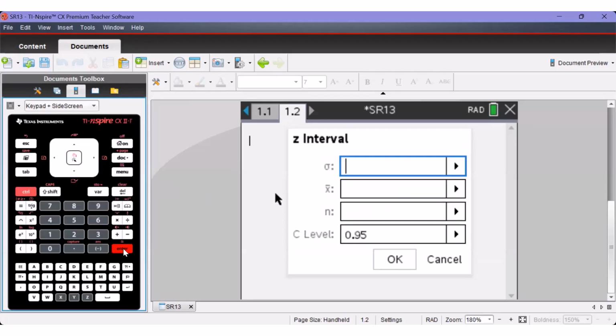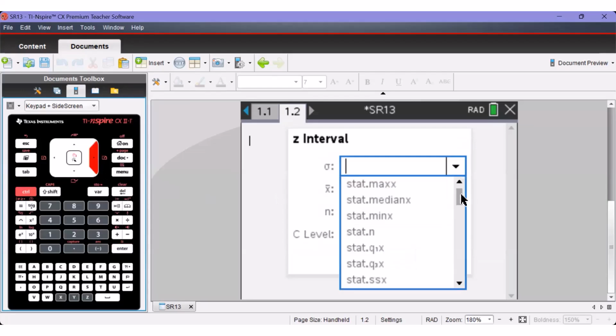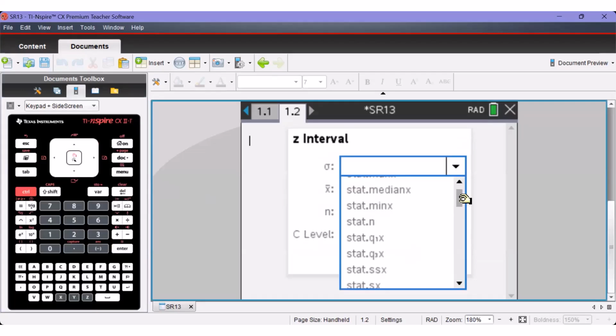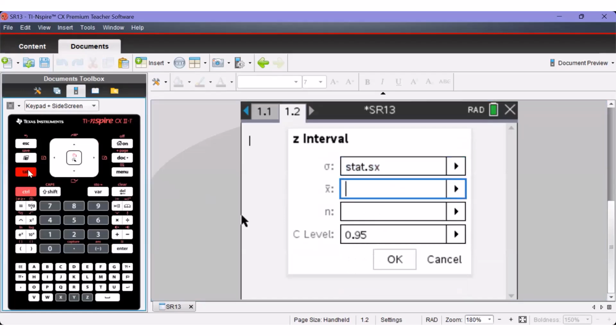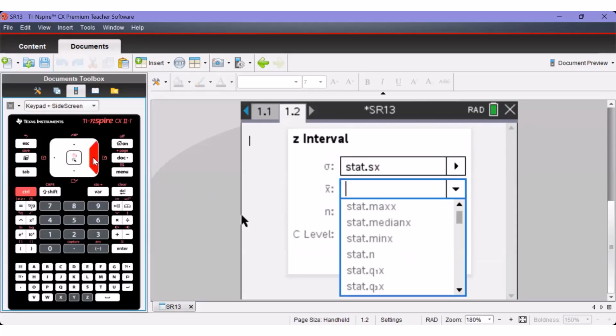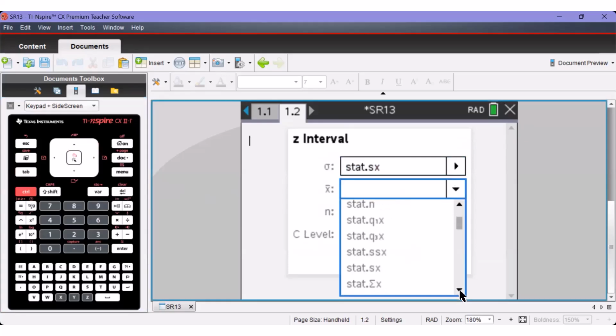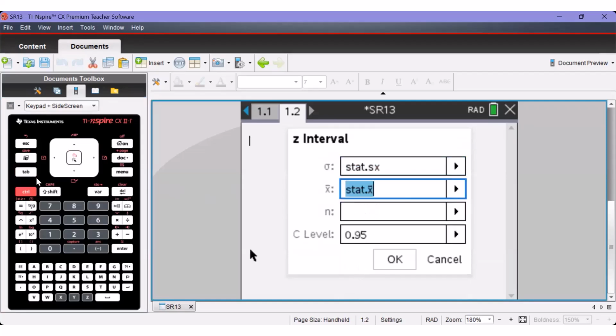So for our first field, we're going to choose the standard deviation, which is denoted by stat.sx. Press Tab. Use our navigation pad to the right again, and we're going to use stat.x bar for the mean.